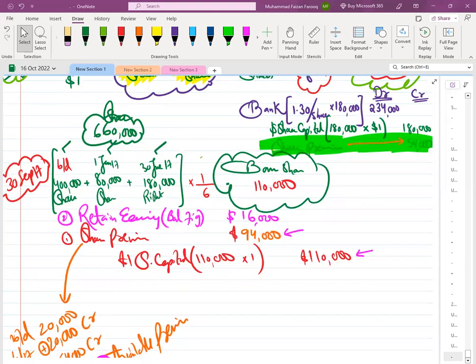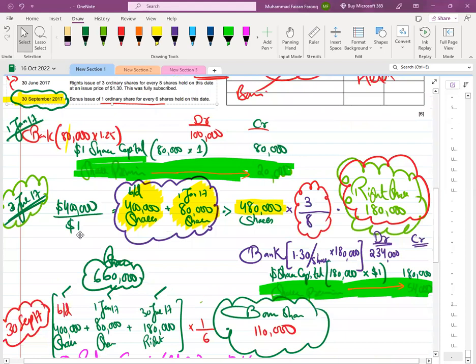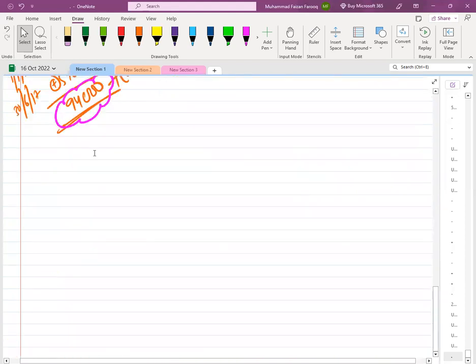Yes. Now, just 1 second. We made these entries now. We had 1, 2, 3 entries, correct or wrong? Yes. We had the equity available now. What was the equity? Let me take out the question here.